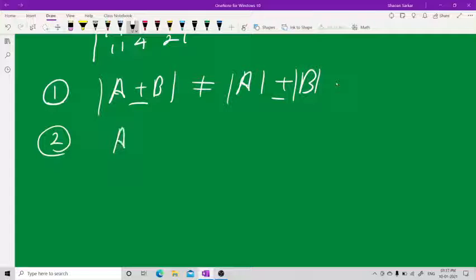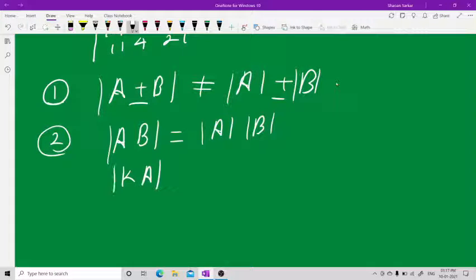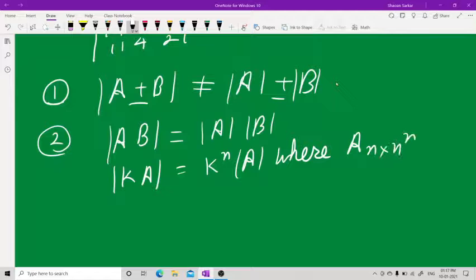Second, the determinant of AB can be written as determinant A times determinant B. Now the determinant of KA is K to the power of n times determinant A, where A is an n cross n matrix. These are the properties of determinant. With this we end this.